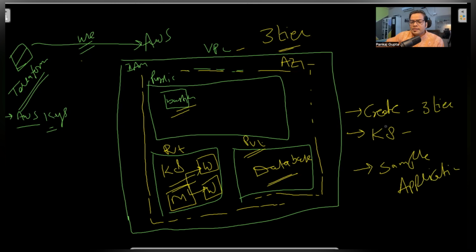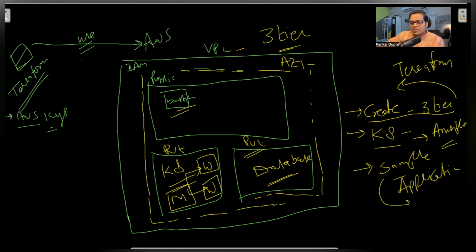So to create the 3-tier architecture, I will be using Terraform again from my local. For creation of the Kubernetes cluster, I will be using an Ansible playbook. And for the sample application, I will simply create a pod using the pod manifest.